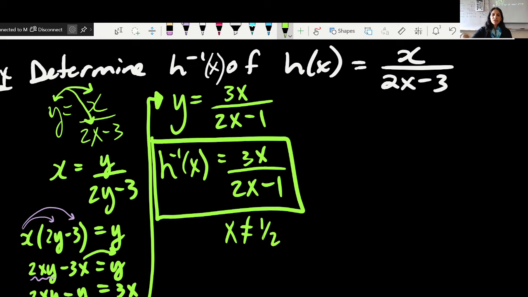It can't be 1 over 2, right? Because we don't want 0 at the bottom. So really what we're doing is taking the bottom, setting it not equal to 0, and isolating, so x can't be a half. And we have our inverse.